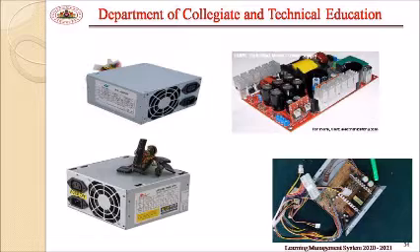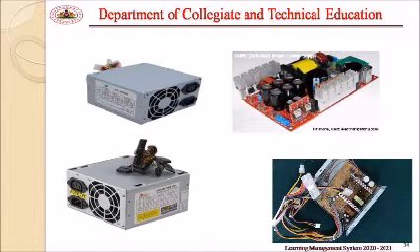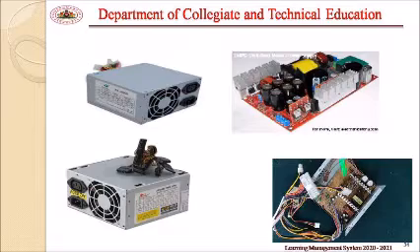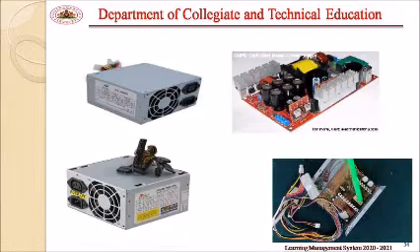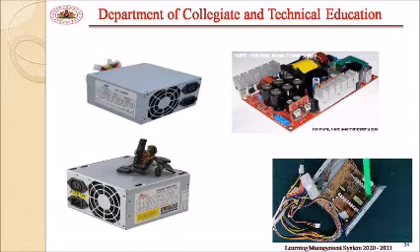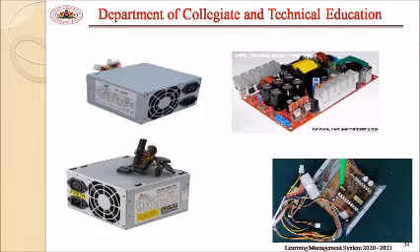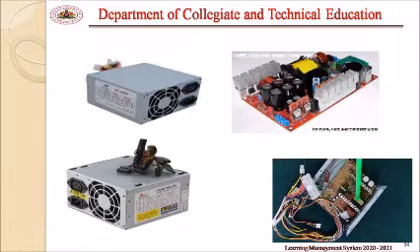The output of the filter is given to the regulator IC to regulate the output, and it has step up and step down transformers. A step up transformer is used to increase the voltage, whereas a step down transformer is used to decrease the voltage based on our requirement.